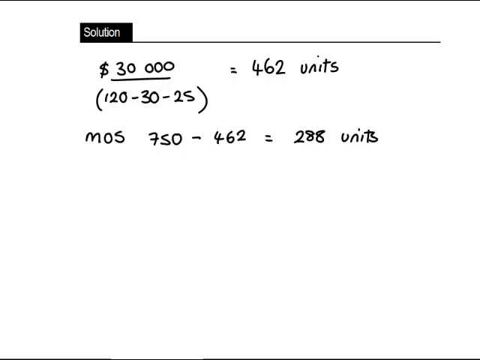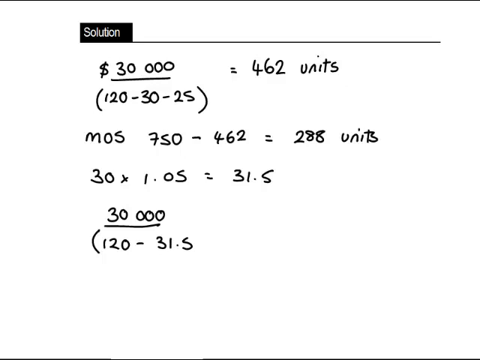Now, we're told that materials is going to increase by 5%. So if we up the materials cost by 5%, we end up with $31.50. And of course, that means that the contribution is going to be reduced. So the revised break-even point is going to be 30,000, and this time we take off 31.50 rather than 30. Labour is still the same, and that comes to 473 units.